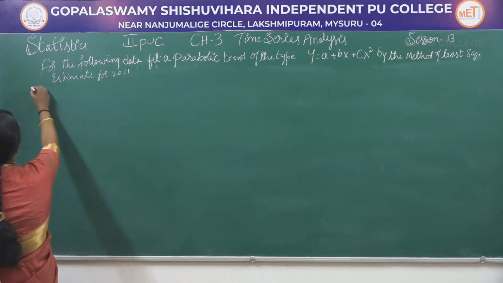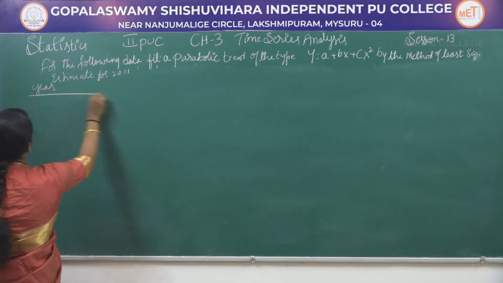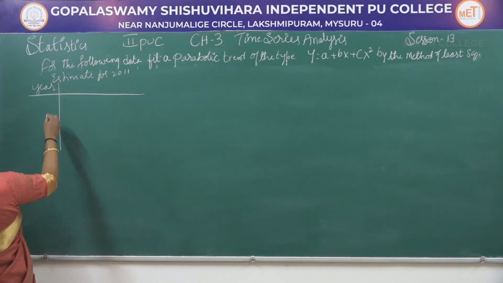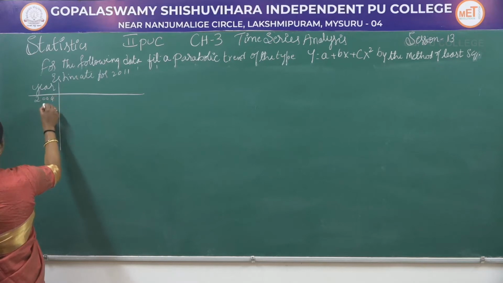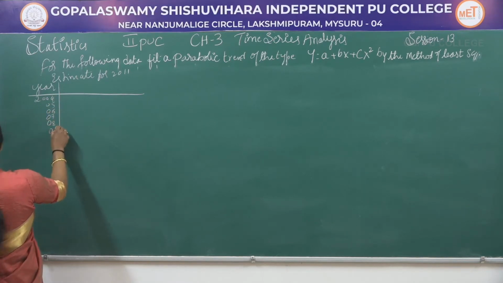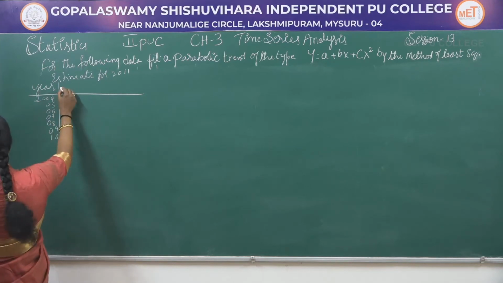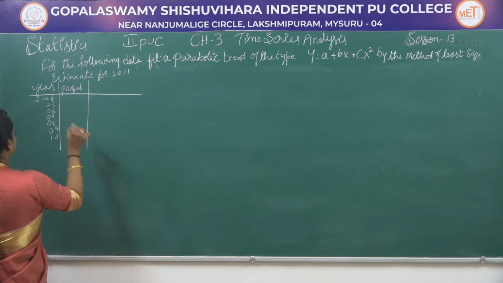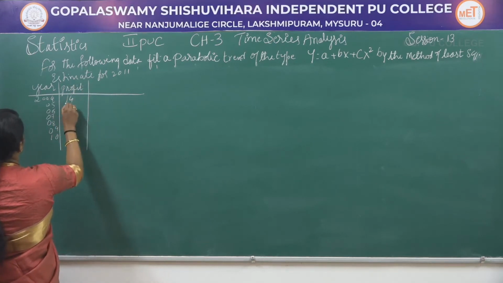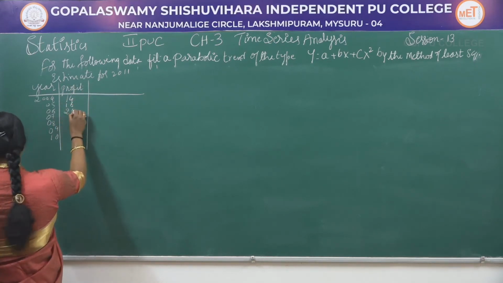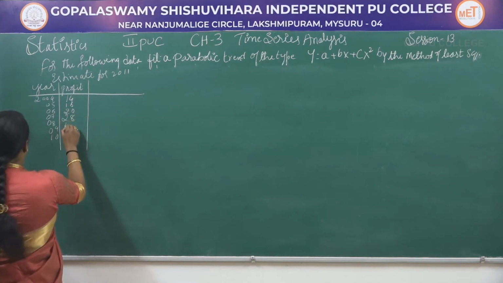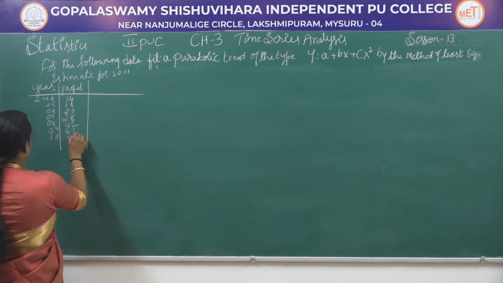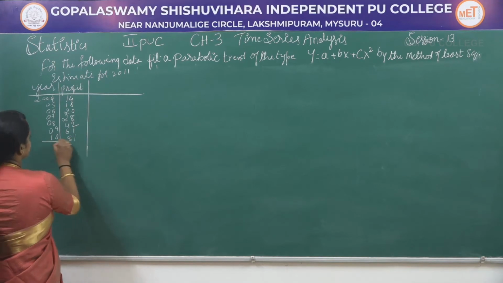Year: 2004, 5, 6, 7, 8, 9, 10, and profit: 14, 16, 20, 28, 42, 61, 81.